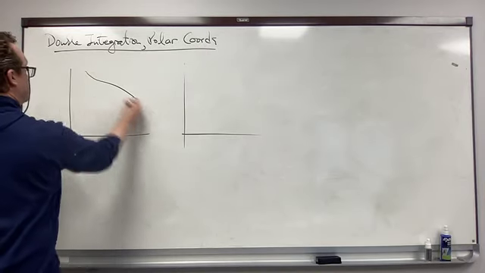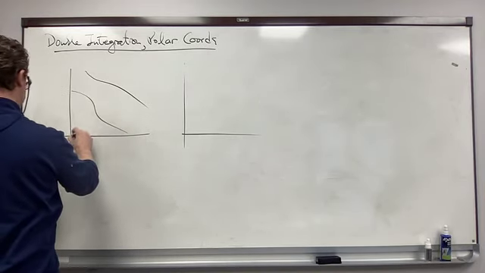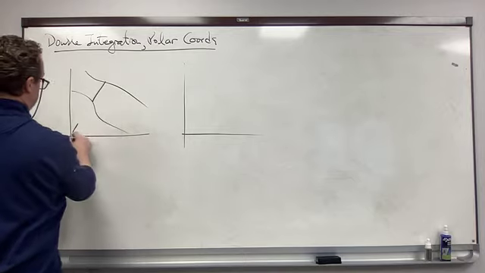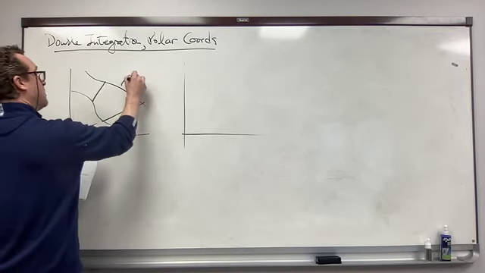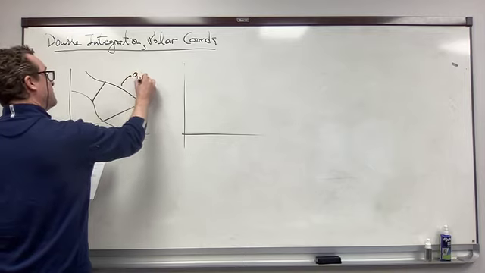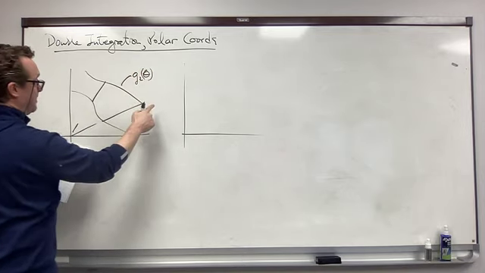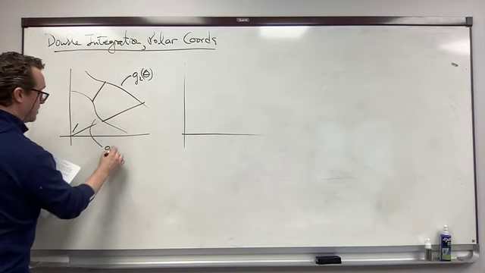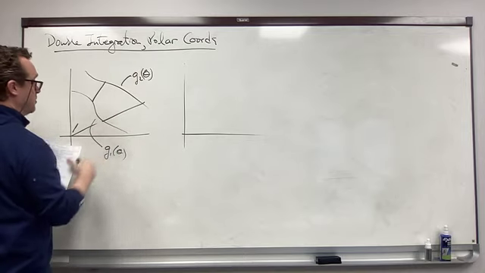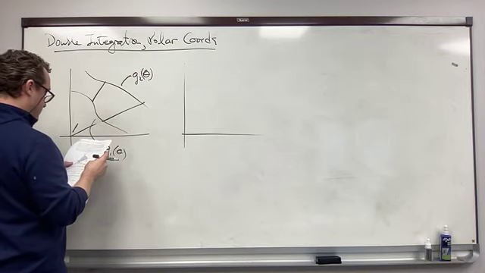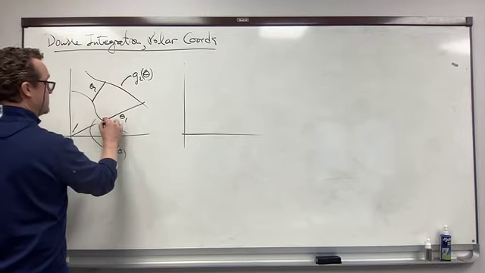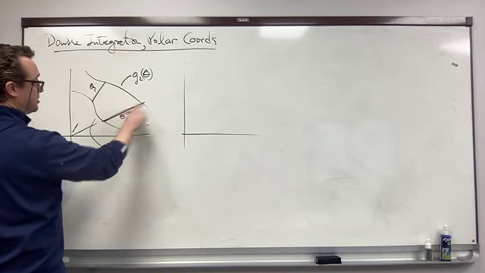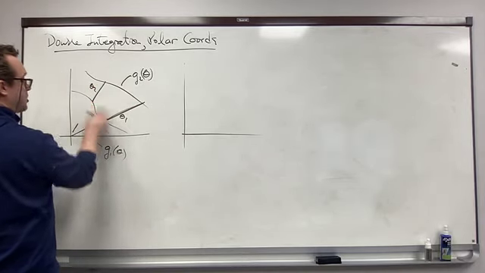You could have something where here we have some function of theta, g1 and g2. This theta 1 and theta 2, this limit of integration is not a function of r, so these are constants.